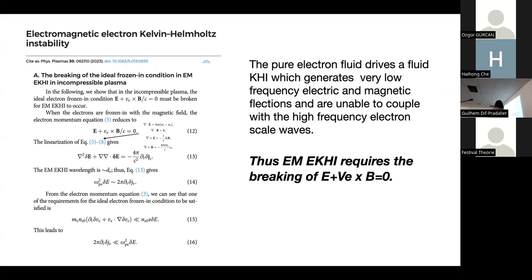But once the instability is triggered, this condition is broken. Physically, we can understand this mathematical result as a pure electron fluid driving a fluid instability, which generates very low frequency electron and magnetic fluctuations. And these low frequency fluctuations are unable to couple with high frequency electron waves. So that's it.